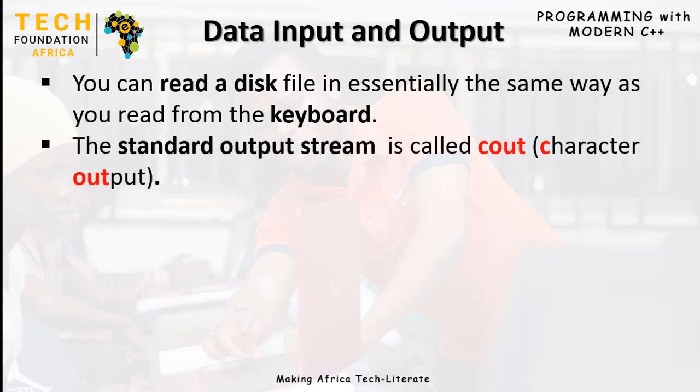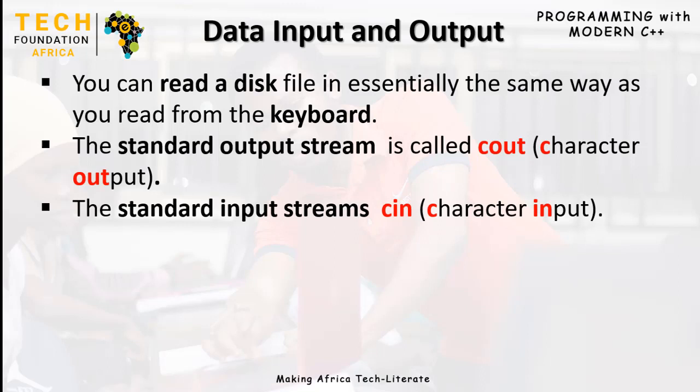Okay, now the standard output and input streams in C++ are called cout and cin respectively. Is that okay? And we don't pronounce it "cout", we say "see-out". Okay, it's an acronym that was coined from character output, and cin was coined from character input.